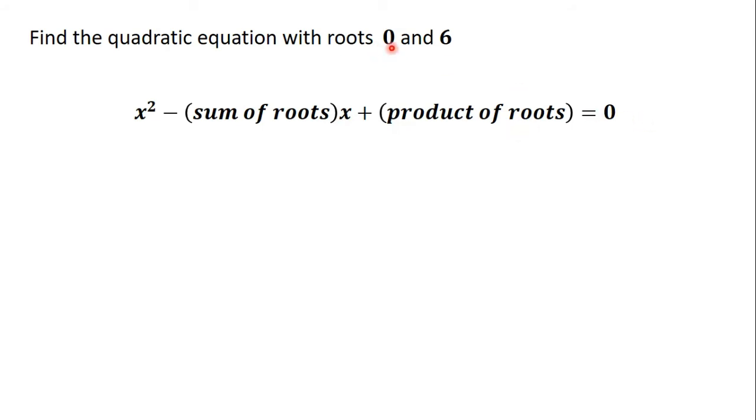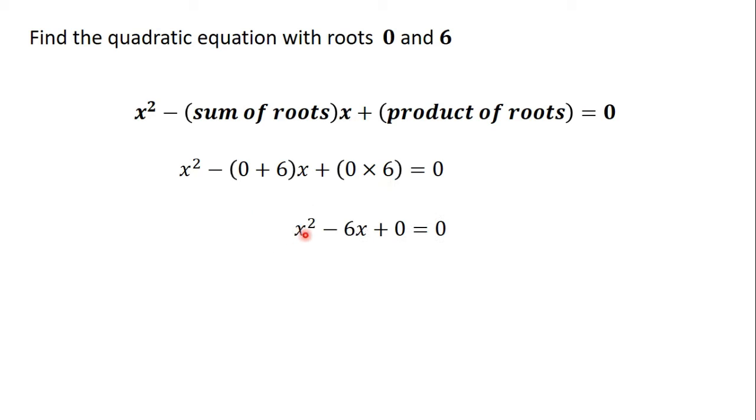The roots are 0 and 6. So you have x squared minus sum of roots, so 0 plus 6x plus product of roots 0 times 6 is equal to 0. 0 plus 6 will give us 6. 0 times 6 will give us 0.